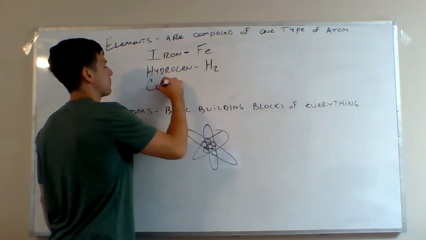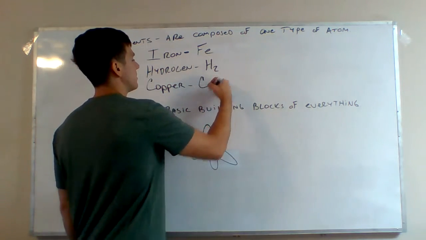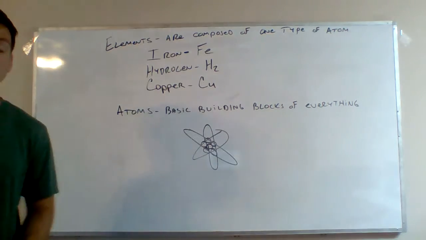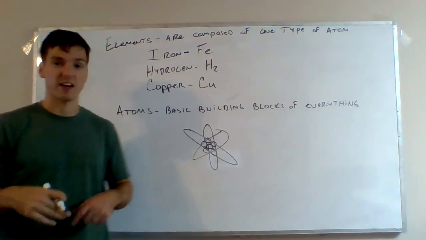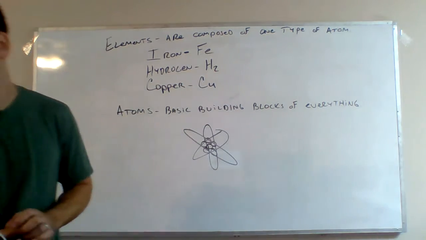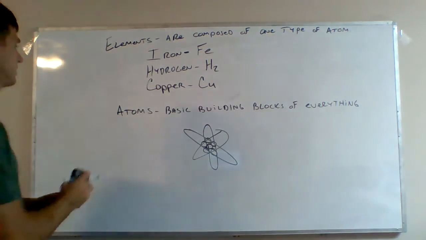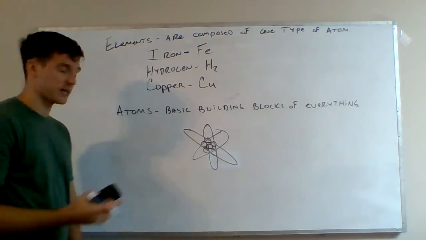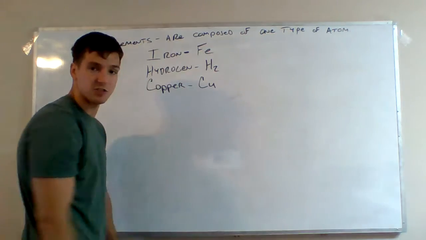And then you got copper, which is Cu. That's also Latin, like cupric or cuprum, I believe. Okay, so copper is Cu, iron is ferric, Fe. Okay, next up. So element is just one type of element, okay, like iron, carbon, hydrogen, what have you.